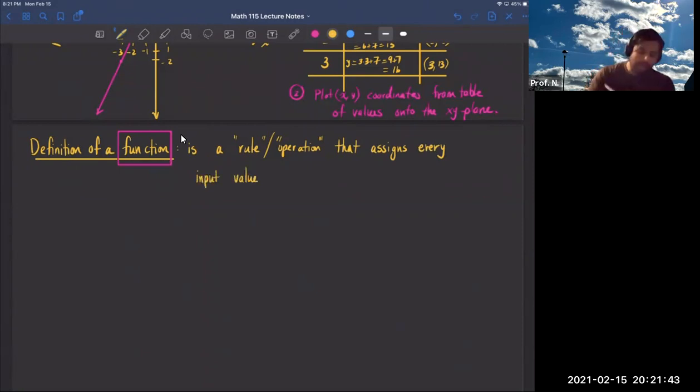So it's an input value that is assigned to one and only one output value. That is a function. This is just in words though.